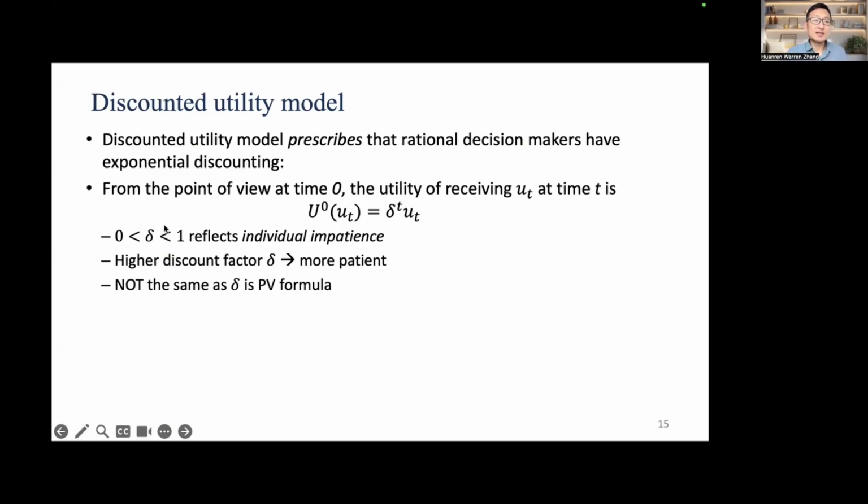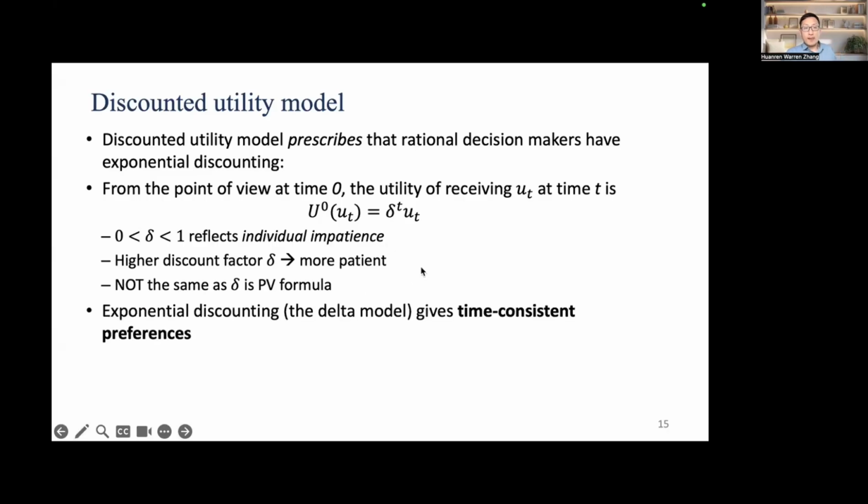So this discount factor is different from the discount factor in the present value formula. We just use the same notation because we use discounting for both present value and the discounted utility model. Right? Here, different individuals would have different discount factor. So when people have high discount factor, meaning they are more patient.